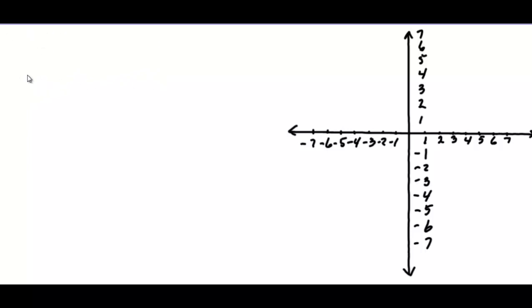And now what we're going to take a look at is problem number 6, which instead of y equals, now we say a function of x is equal to negative 2x cubed plus 5x squared minus x minus 1.